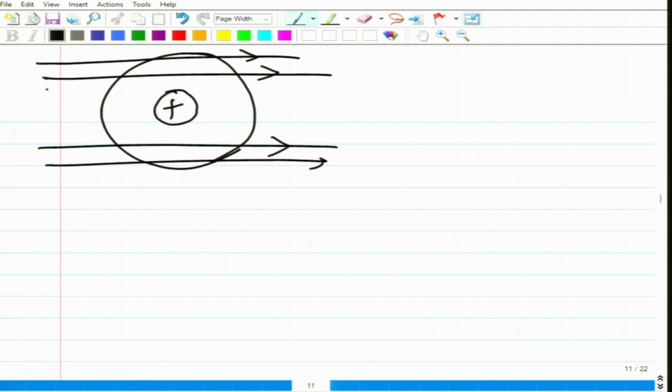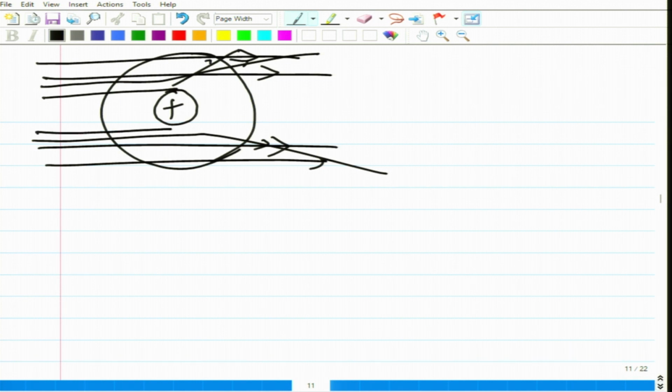When they approached the nucleus, deflections occurred. First, they deflected at smaller angles. The closer the alpha particle is to the nucleus, the greater the deflection. Some of the deflections were at angles greater than 90 degrees, like this, and some collisions were just 180 degrees opposite.